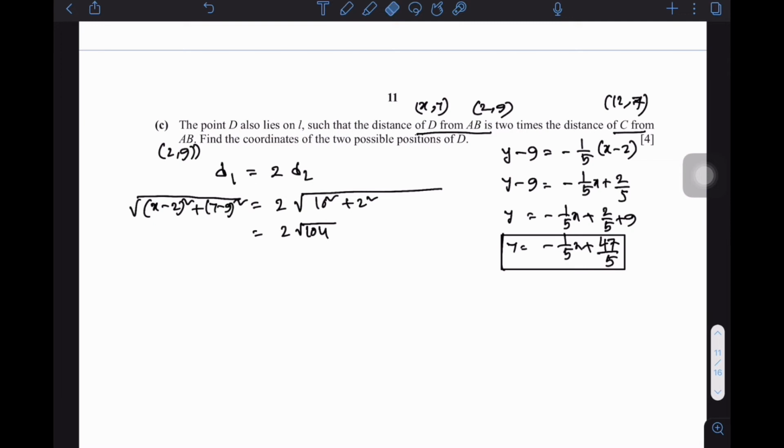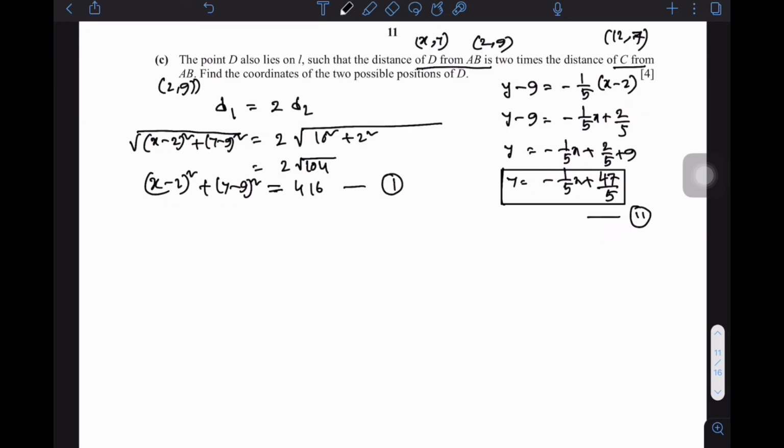Now if we do squaring, (X minus 2) whole squared plus (Y minus 9) whole squared equals 4 times 104, root and square cancelled, 4 fours are 16, 4 ones are 4, so 416. This is equation number 1 and this is equation number 2.